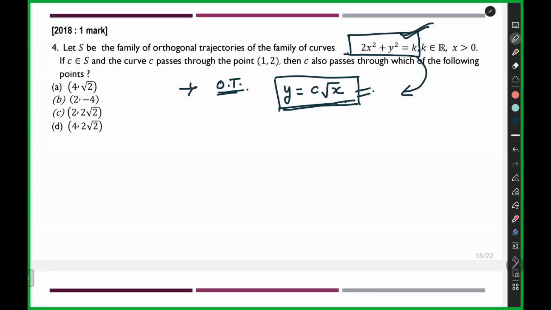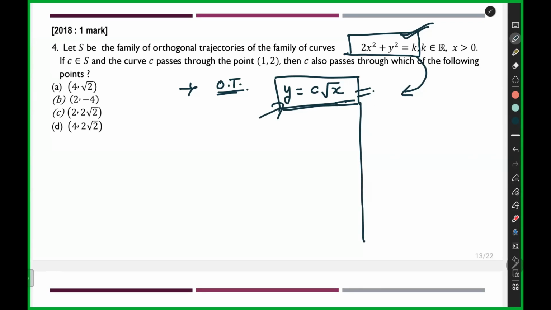Should I tell you how we get this as our orthogonal trajectory curve? Okay, I'll tell you in short what we do.